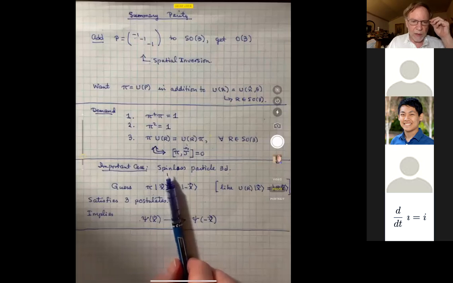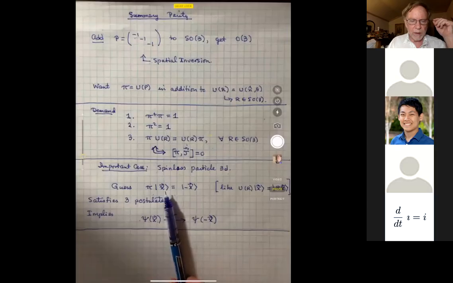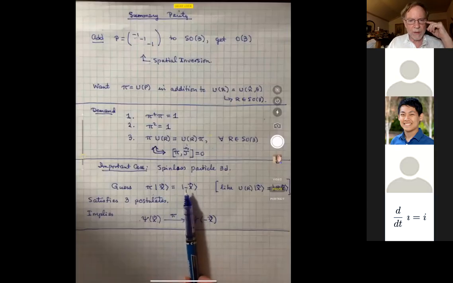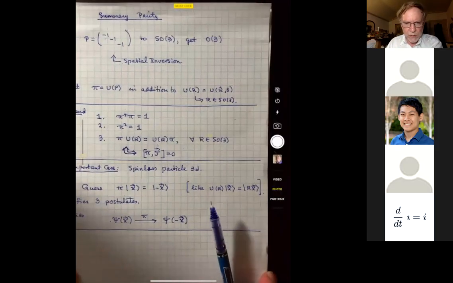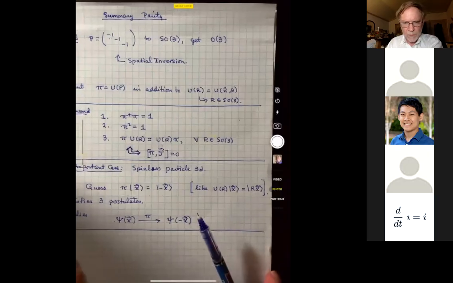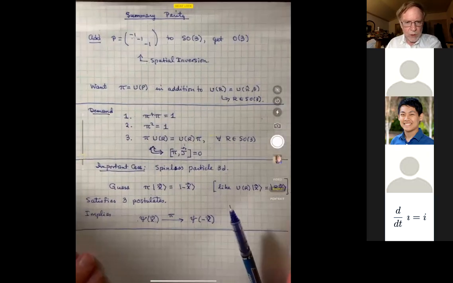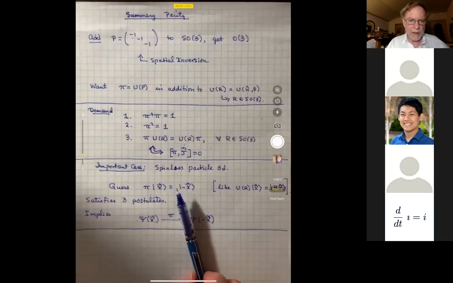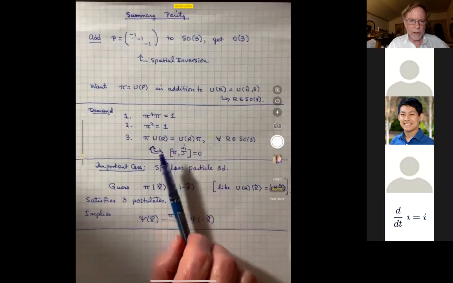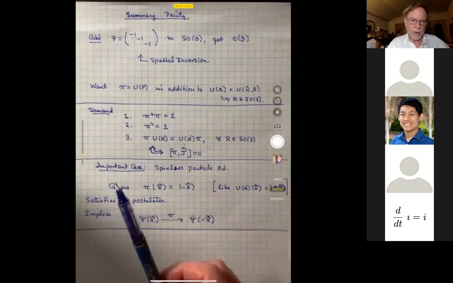So you have wave function psi of x, and we guess that in terms of the basis kets, pi should map the position eigenket x into -x, which is similar to what we do with the rotation operators, where U of R mapped x into Rx. You know, just moving the position over to a new place. And I quickly indicated in last lecture how this guess for pi actually satisfies all 3 of these postulates, and therefore is suitable as a definition of parity.